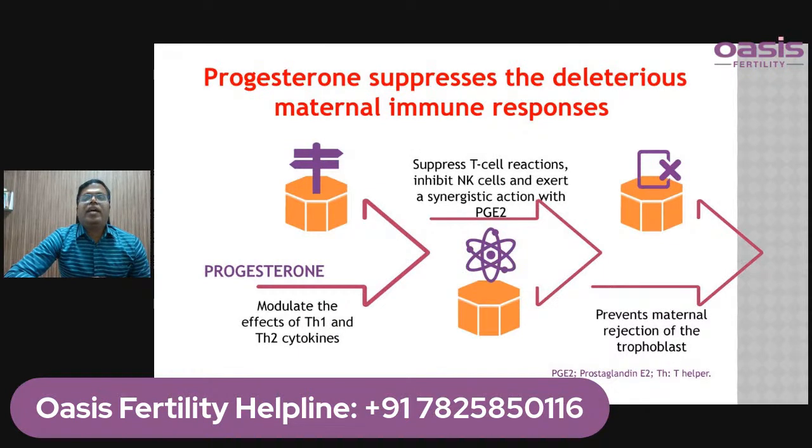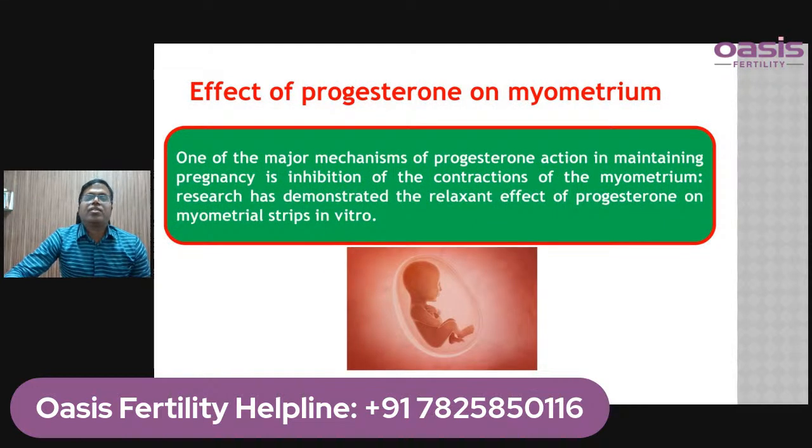Progesterone also suppresses the deleterious maternal immune responses, as I told, and prevents maternal rejection of the trophoblast. It modulates the effects of T helper 1 and 2 cytokines, therefore increasing the receptivity and the continuation of the pregnancy, and the inflammatory action is also reduced.